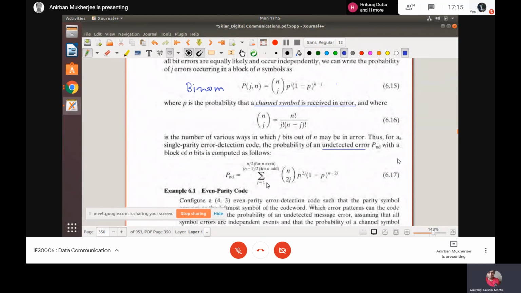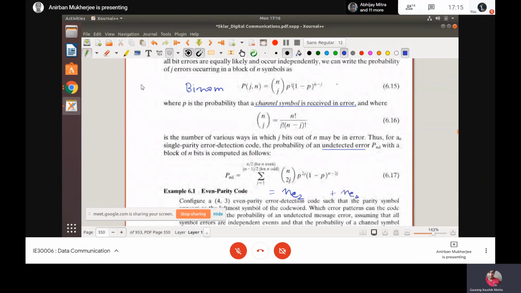That means 2 bits you could not detect, now 4 bits, nC4, up to nC(n/2). So it is like that: nC2 p^2 (1-p)^(n-2) plus nC4 p^4 (1-p)^(n-4) and so on, finally nC(n/2). I am assuming n is even.